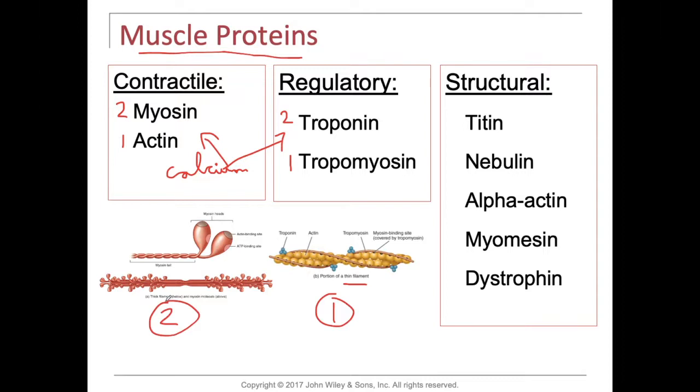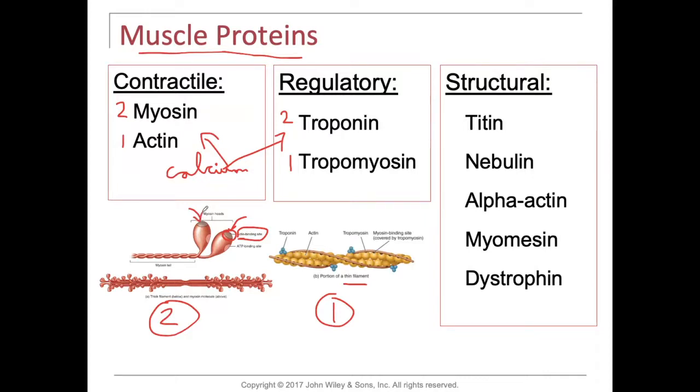Now, one of the things that I want to point out here is when we look at myosin, we have these myosin heads. And at the very tip, I'm going to circle it red here, we have a binding site. It's called an actin binding site. That's what that tip is right there.